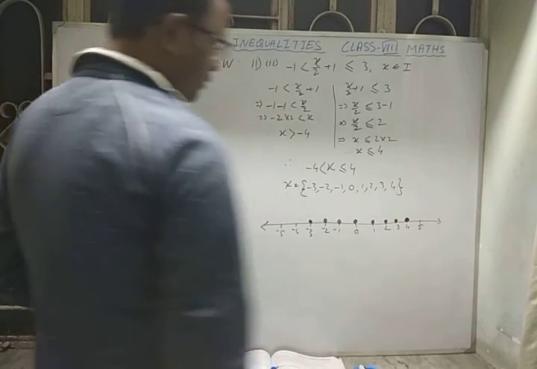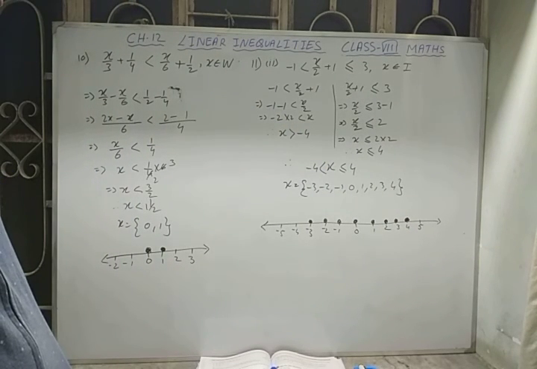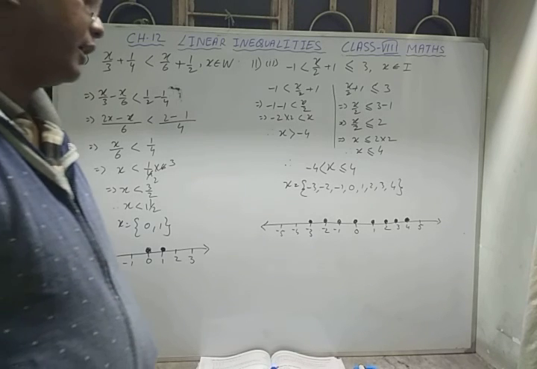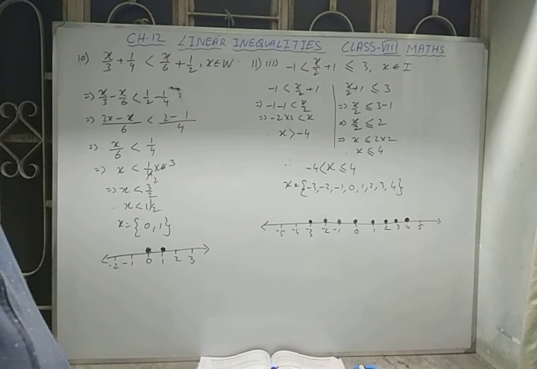All total 1, 2, 3, 4, 5, 6, 7, 8 answers are there. So 8 values of x are there in this inequality.